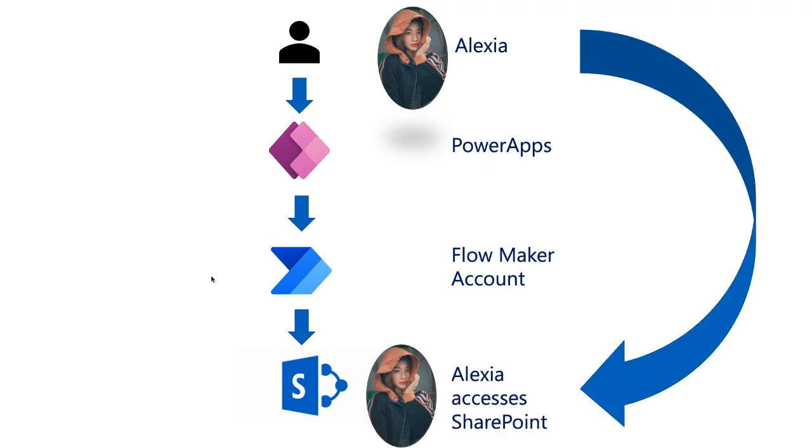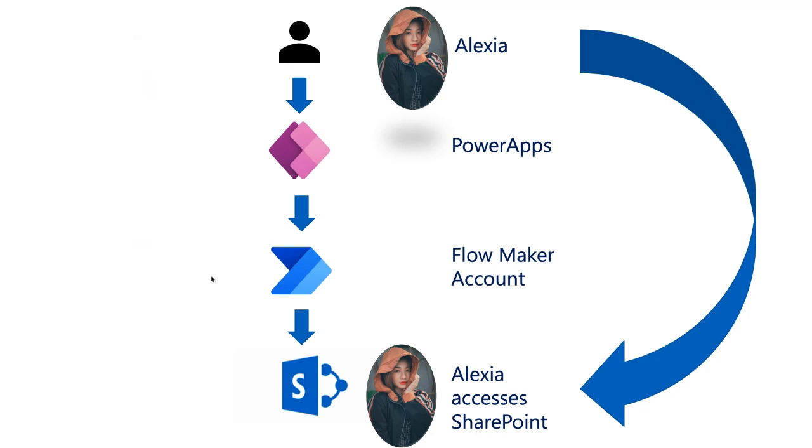So the question is, if your flow accesses SharePoint or Dataverse, who's going to access SharePoint or Dataverse? Is it Alexia or is it the Flow Maker account? So actually it is Alexia, which is normal in terms of security, but this can be annoying if you want your flow to do things that Alexia cannot do, like accessing some system tables, setting security, etc.